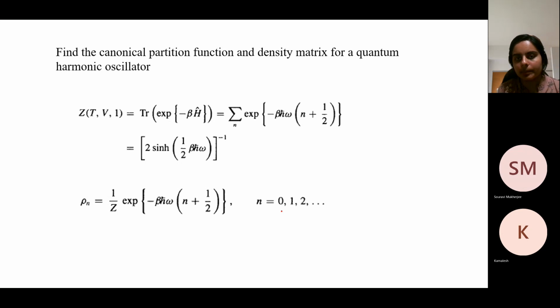So depending on your system, if you have a two level system, when you find Z, you have to sum over e to the power minus beta e1 plus e to the power minus beta e2, and then accordingly you can find the different probabilities and the different parameters. So everything is similar to what we had initially done with the classical partition functions, but in such quantum mechanical systems, it often becomes easier to write it in terms of matrices. That's the only difference.